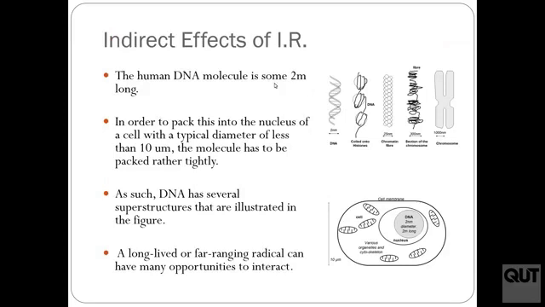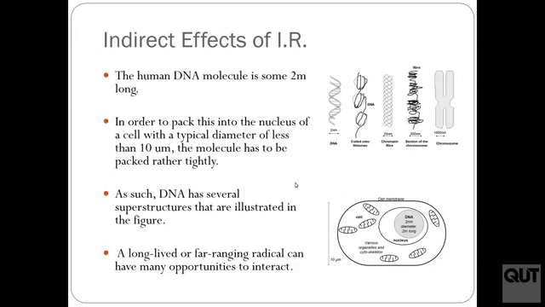The human DNA molecule is about 2 meters long, but very narrow, and to pack this into a nucleus with a diameter of less than 10 microns, the DNA gets wound up in all these structures here. This is a progression of the winding up of DNA, and it eventually looks like that. What this means is that the DNA in here is very, very tightly packed.